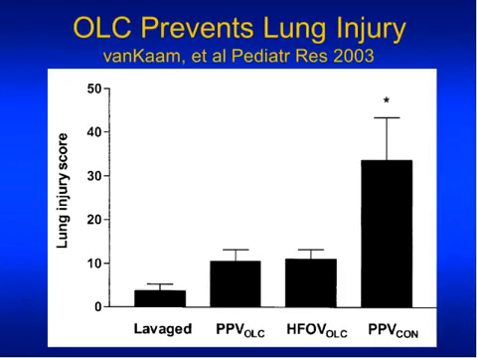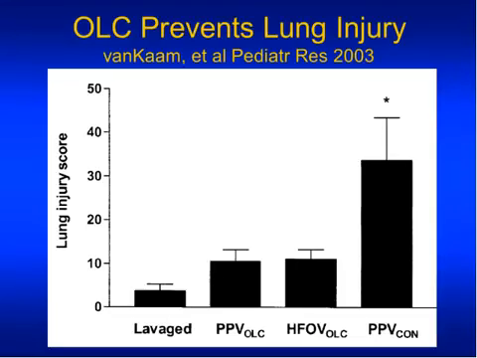But it turns out that what probably is important is not how you get the lung open, but that you do get it open. So here are some animal studies that looked at acute lung injury score. This is a histologic score. They lavaged the lung to get rid of surfactant, and then they ventilated in the extreme right-hand column with just plain old bad positive pressure ventilation, large tidal volume, low end expiratory pressure, very injurious way of ventilating, and therefore had a very high lung injury score.